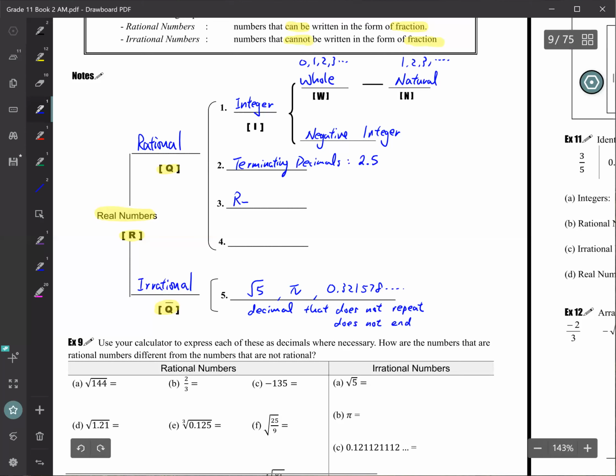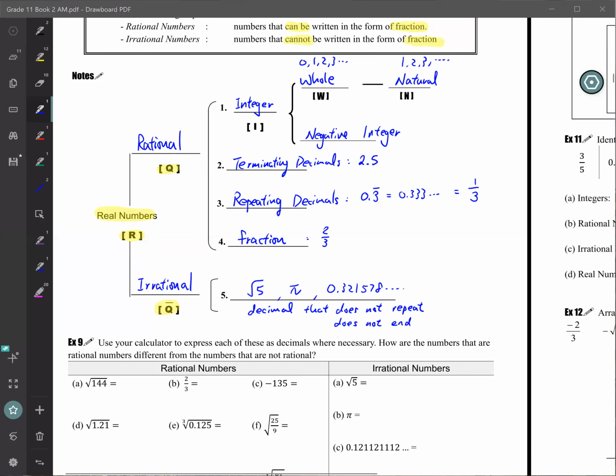And repeating decimals, like 0.333 and so on, can be written as 1/3. So any repeating decimal can become a fraction. And of course, the final ones are those that are already fractions, like 2/3, so for sure they are rational numbers.